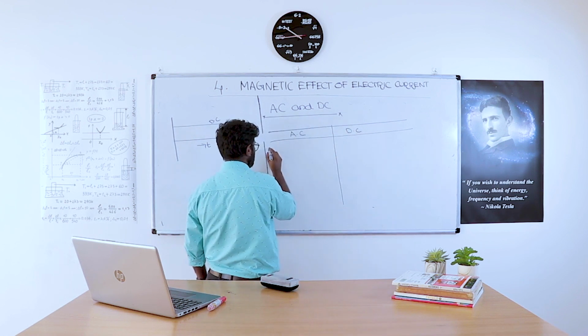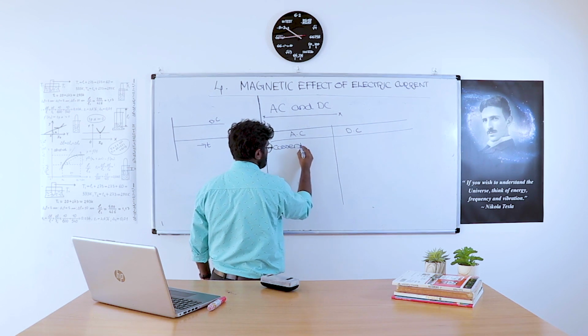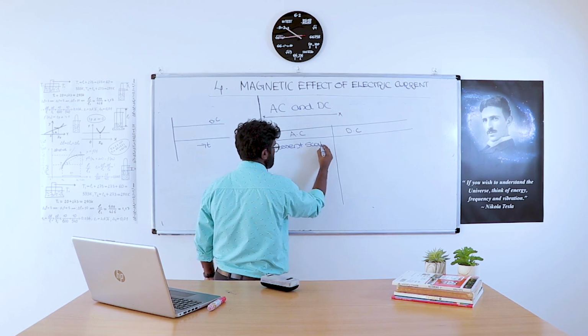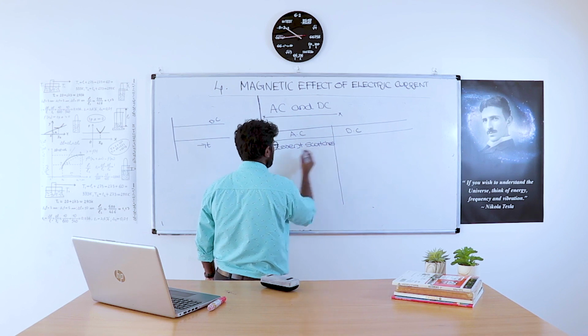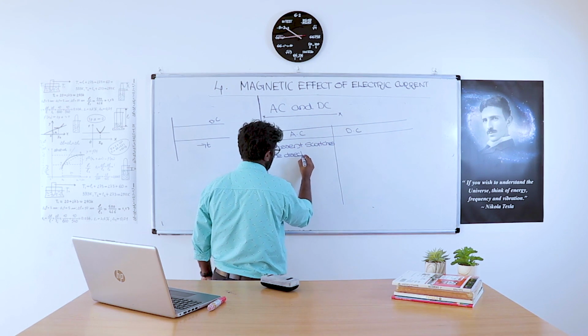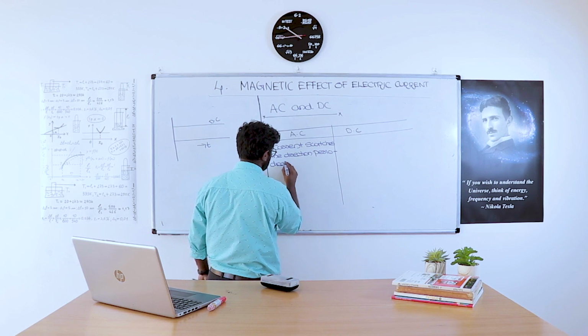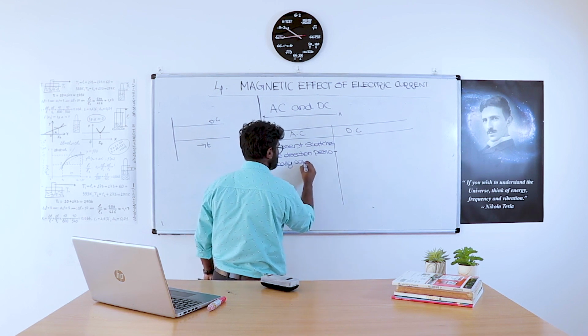First point: in AC, the current switches direction periodically with time.